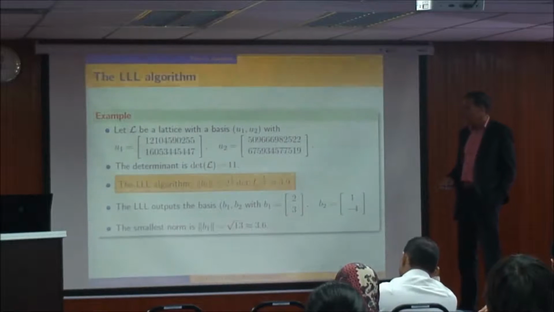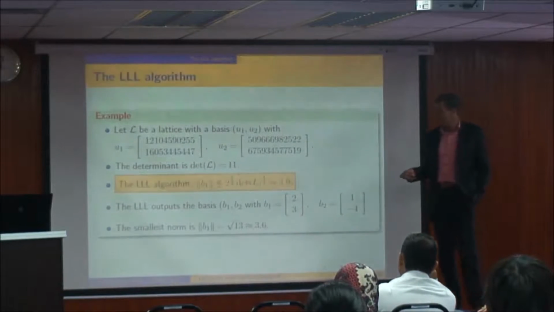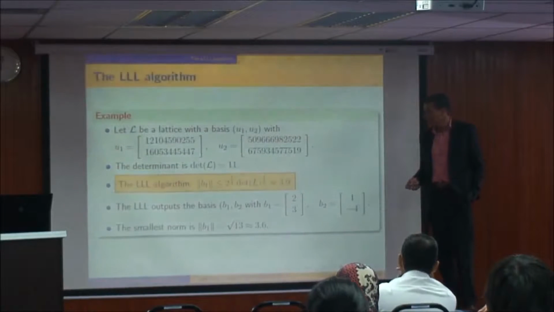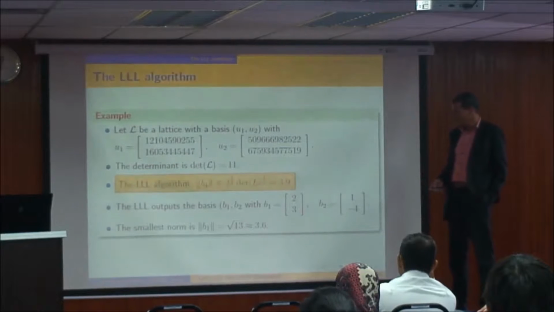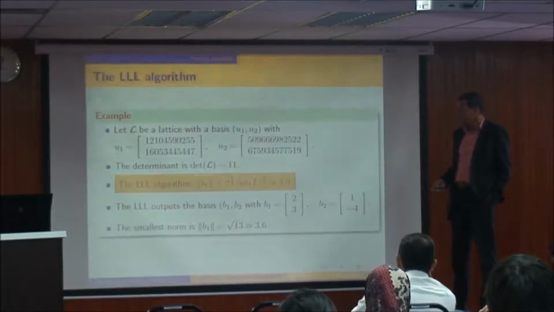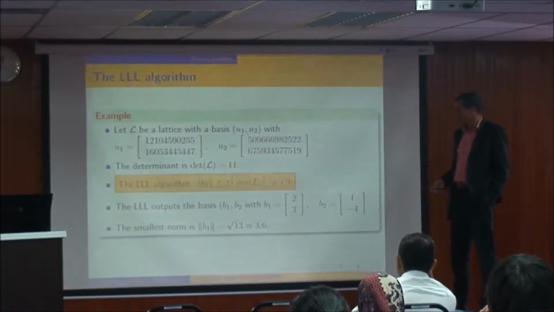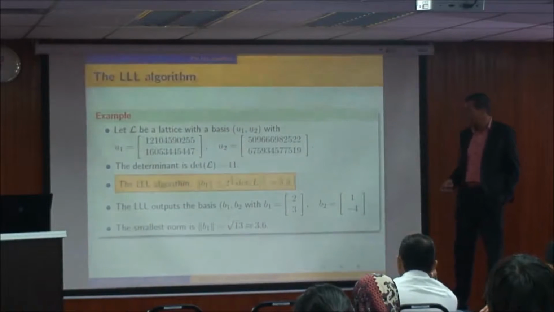If you apply the LLL algorithm to U1 and U2, you find a new basis B1 and B2, such that the norm of B1 is less than this bound. That means that the norm of B1 is much smaller than the norm of U1 or the norm of U2.